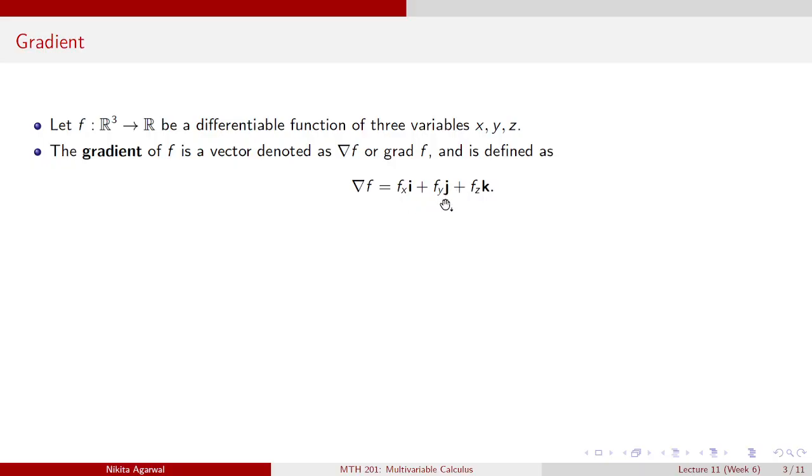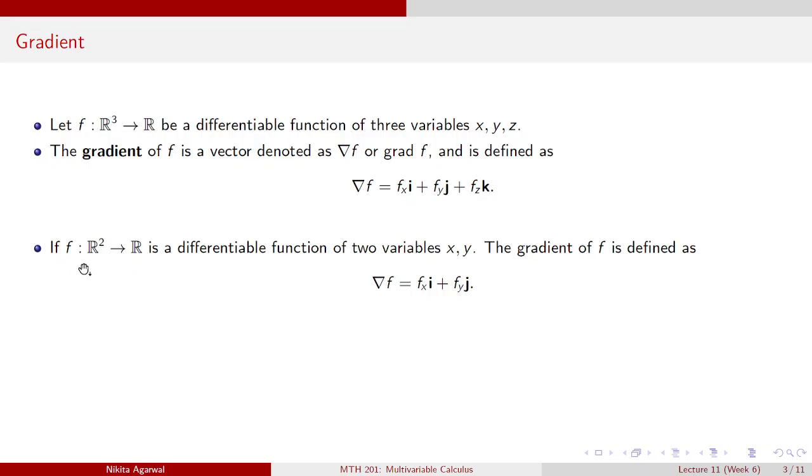The second component is fy, the partial derivative with respect to y. And the third component is fz, the partial derivative with respect to z. So it gives you a vector.